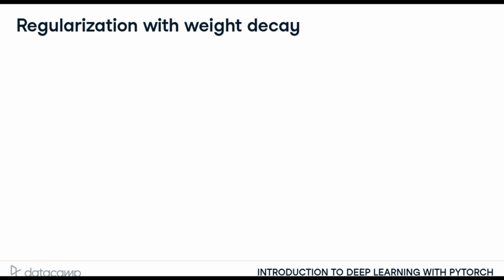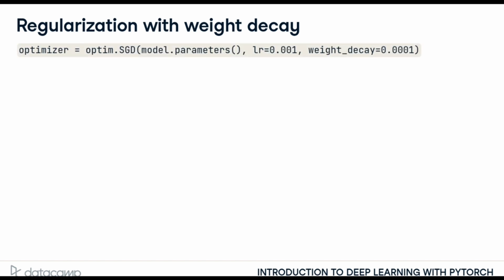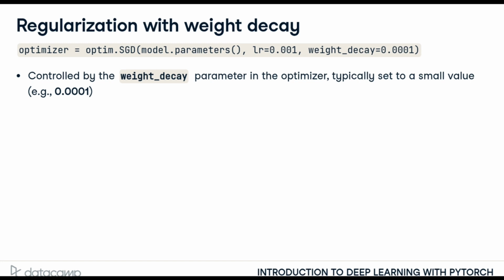The next strategy to reduce overfitting we will discover is weight decay, another form of regularization. In PyTorch, weight decay is added to the optimizer using the weight_decay parameter, typically set to a small value, for example, 0.001.